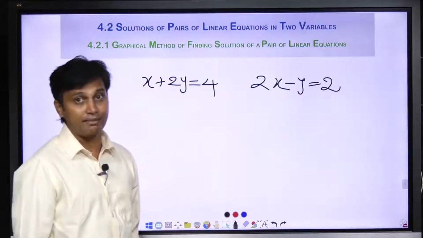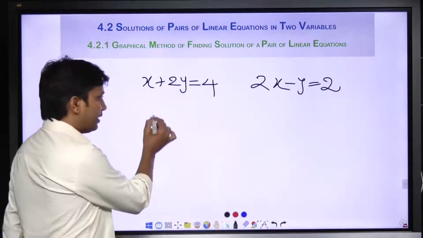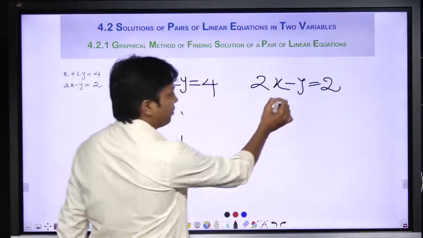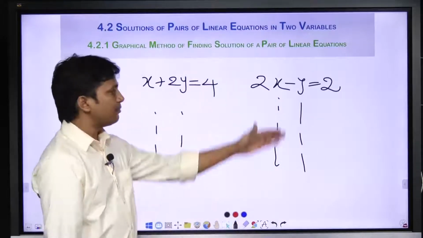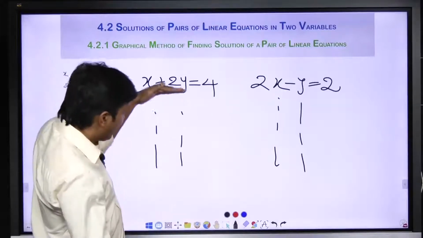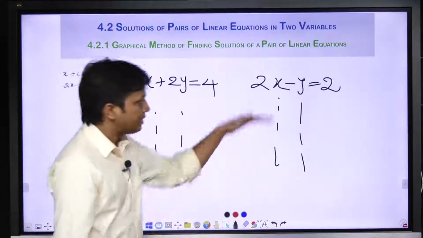Means we need to randomly give the values, means solutions for this x and y. Here also same as I explained before. Here also we need to substitute different values of x and y, and we will get some solutions over here and here. Then these are all the solutions of this first equation, and these are all the solutions of the second equation.